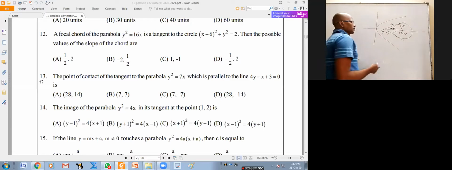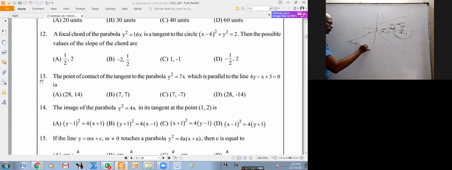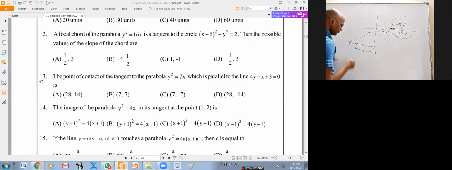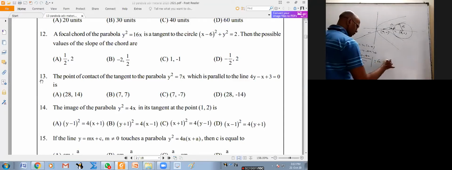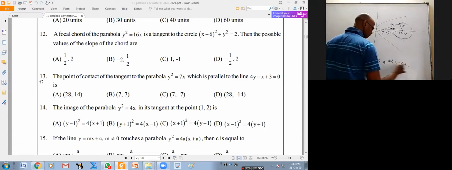Okay, if you don't want to see it from the figure, then take the slope as m, then the equation of the line is y minus 0 equal to m into x minus 4. For it to be tangent to the circle, the perpendicular from the center is the radius. mx minus y minus 4m equal to 0. From 6, 0, what's the perpendicular distance? Mod 6m minus 0 minus 4m by √m square plus 1 is equal to radius √2. This is 2m. When I square it, I'll get 4m square. This is 2m square plus 2.